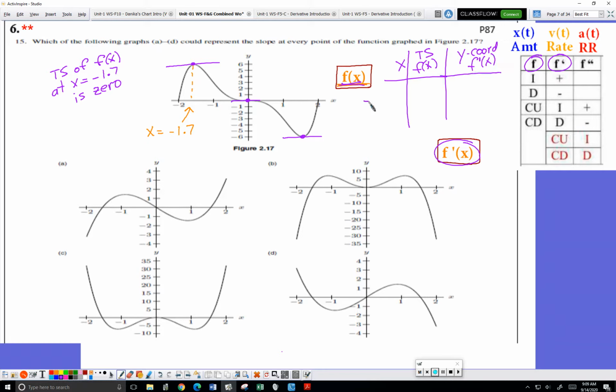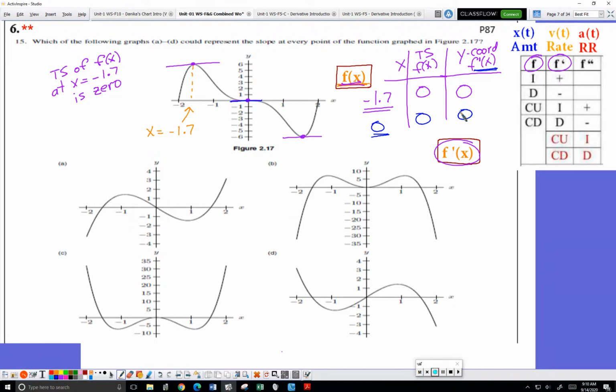So here at x equal negative 1.7, tangent slope of f is 0. That means on f prime, the y-coordinate must be 0 at that same x. The same is true when x equals 0. Tangent slope of f is 0. That's right here. Therefore, at x equals 0 on the graph of f prime, the y-coordinate must have a value of 0.